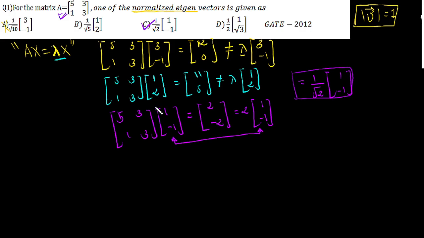Okay, now let's move to question number 2. Question 2 has a system of equations in matrix form, which we generally denote as Ax equal to B. Here A is our coefficient matrix, and x is our variable vector in the form of x1 and x2.